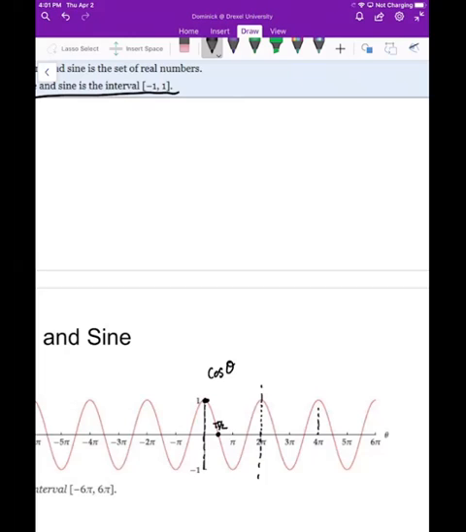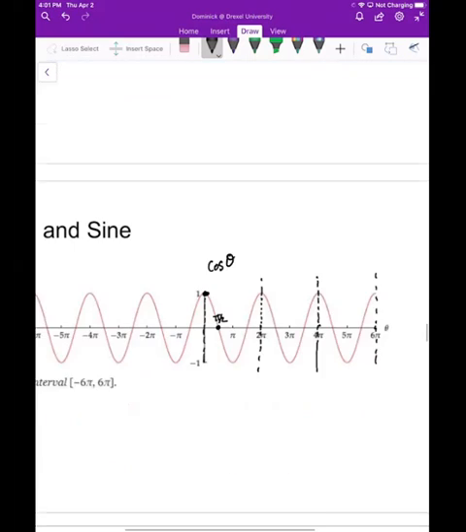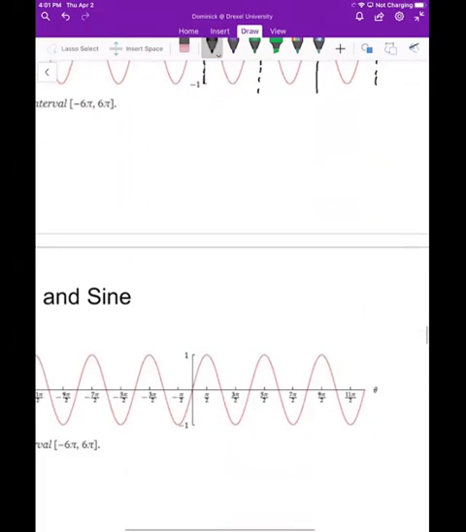But then for every 2 pi, you're just around the circle one more time, so you're going to get this repeating behavior over and over again, right? And of course, the sine graph is similar, only these represent the y values. And here, every 2 pi, it's also going to repeat because you're around the circle one more time.